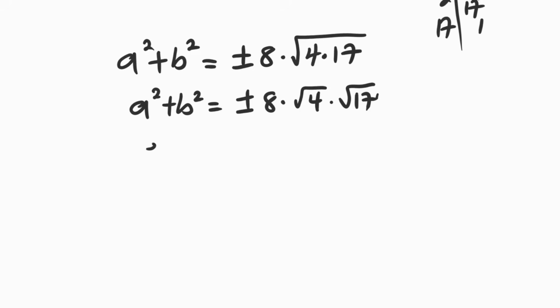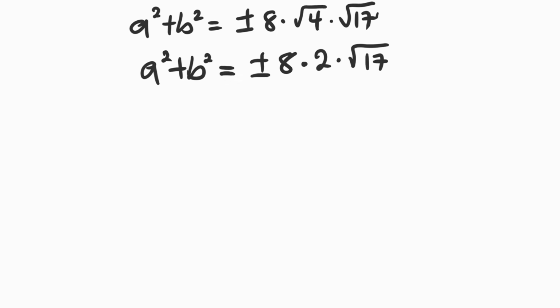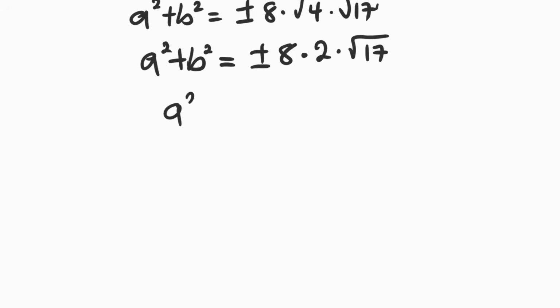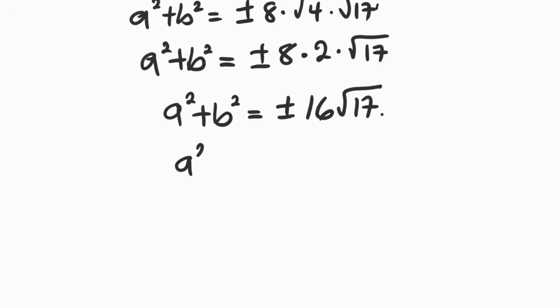Okay, now we have that a squared plus b squared equals plus or minus 8 times the root of 4, which is 2, times root of 17. So a squared plus b squared is equal to plus or minus 16 root 17. So here we have 2 answers, right?